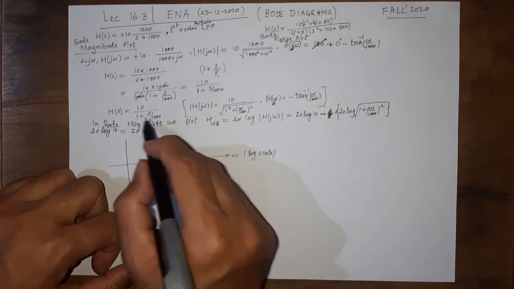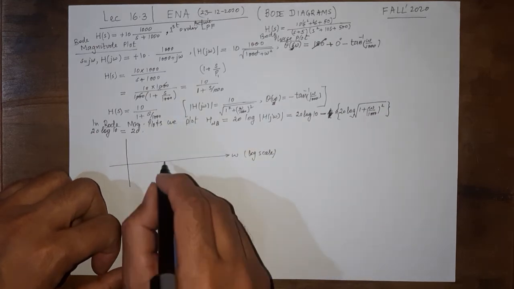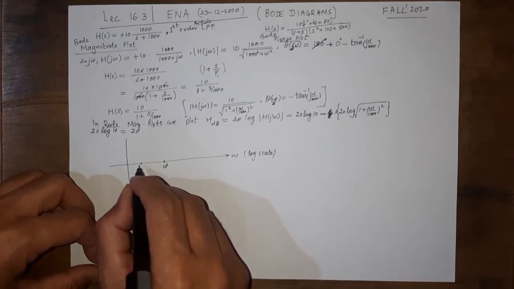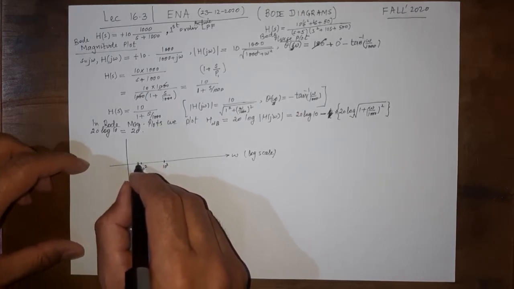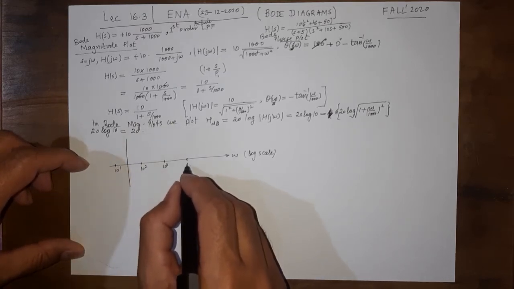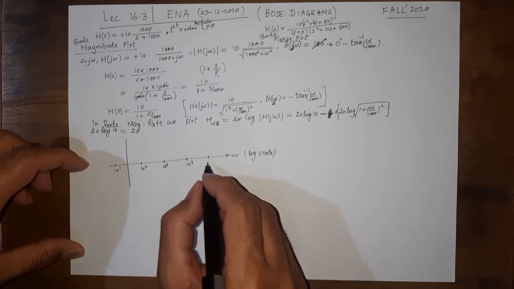Here in this expression, the critical frequency is 1000. So we take 1000 at an appropriate location, 10 raised to power 3, and then 1 decade behind is 10 raised to power 2, 1 decade behind that 10 raised to power 1, 1 decade forward 10 raised to power 4, and 1 decade forward 10 raised to power 5.